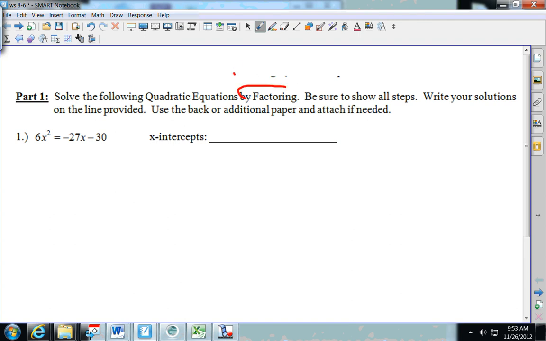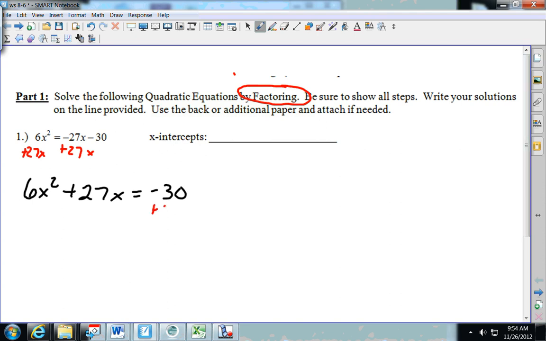Where's my pen? There it is. So factoring. First off, before you can factor, the first thing you need to do is set this into what? Equals 0, which is standard form. So I need to move the x's and the 30 over. So I'm going to add 27x to each side. I'm going to have 6x squared plus 27x equals negative 30.